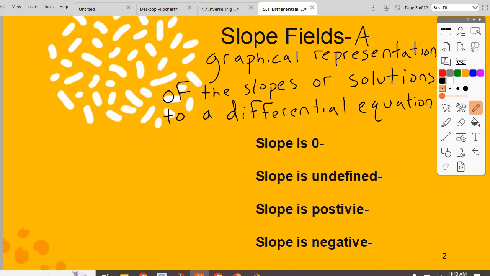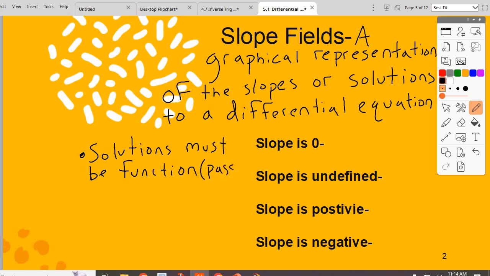So some key things that we want to remember are the solutions must be functions, which means to pass the vertical line test.